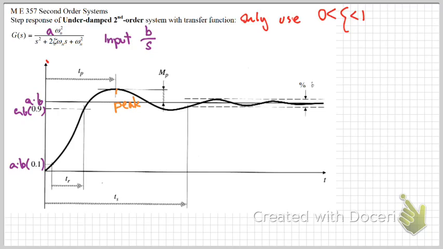And the peak occurs at Tp, which is the peak time. And there is a percent overshoot, Mp, which lets us know how far we go past our peak value. And so we can call this our peak. We can also call it our overshoot.